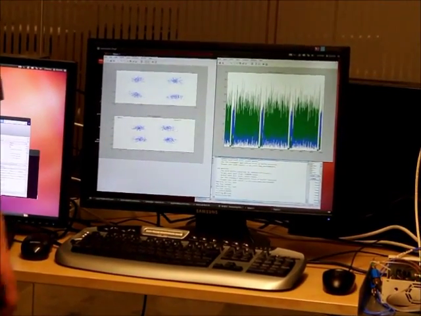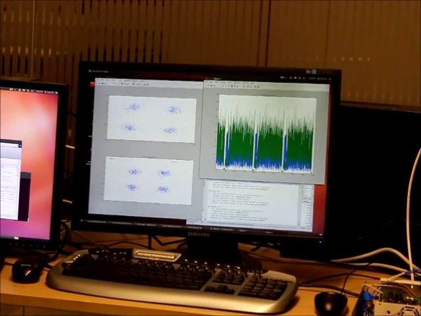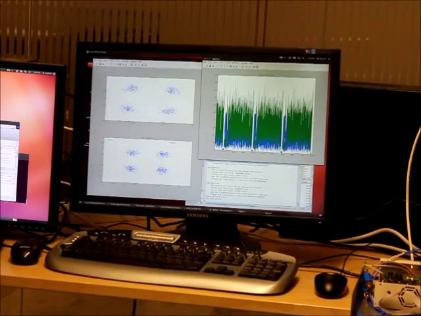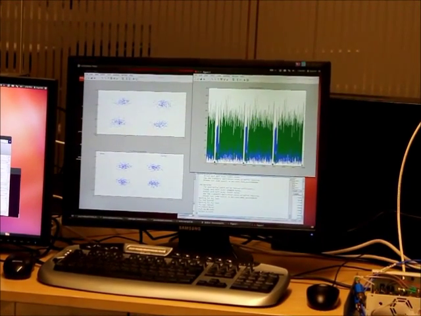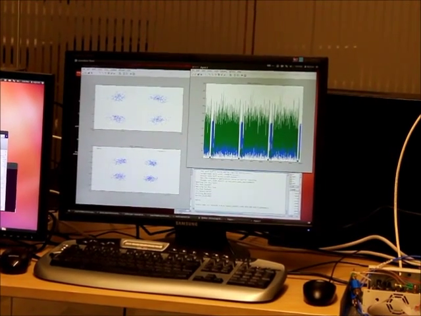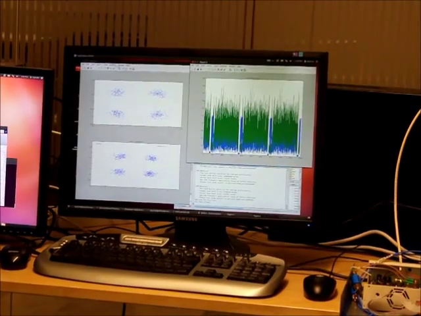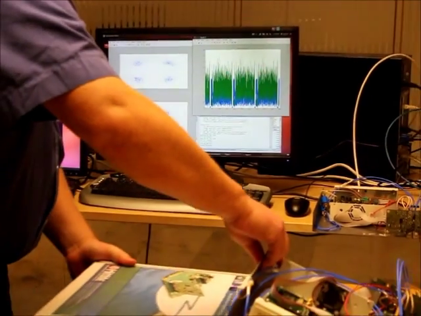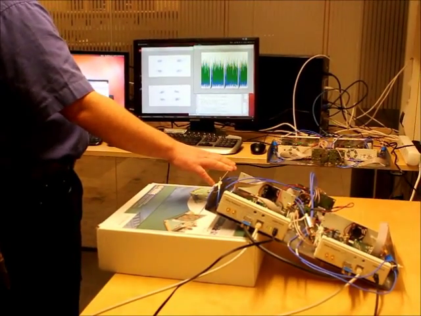At the moment you are watching a transmission where one transmitter antenna is transmitting on a vertical polarization, and one is transmitting on a horizontal polarization, and the same thing at the receiver. But we can try to change the polarization at the receiver and see what happens.